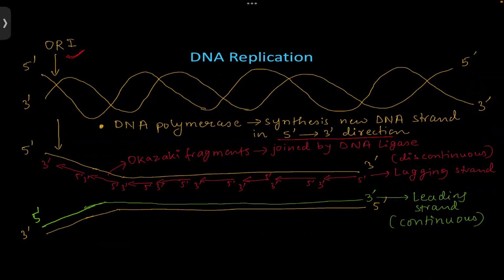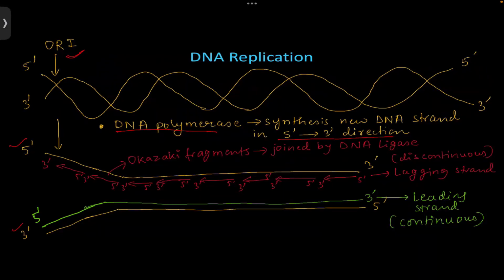So if this is the ori, the replication fork, the Y-shaped structure, will get formed, because of which the bases on the inner side of the two parental strands get exposed, which can now be read by the DNA polymerase enzyme. After reading the sequence, it will appropriately and accurately add the new nucleotides and form phosphodiester bonds. Correct.